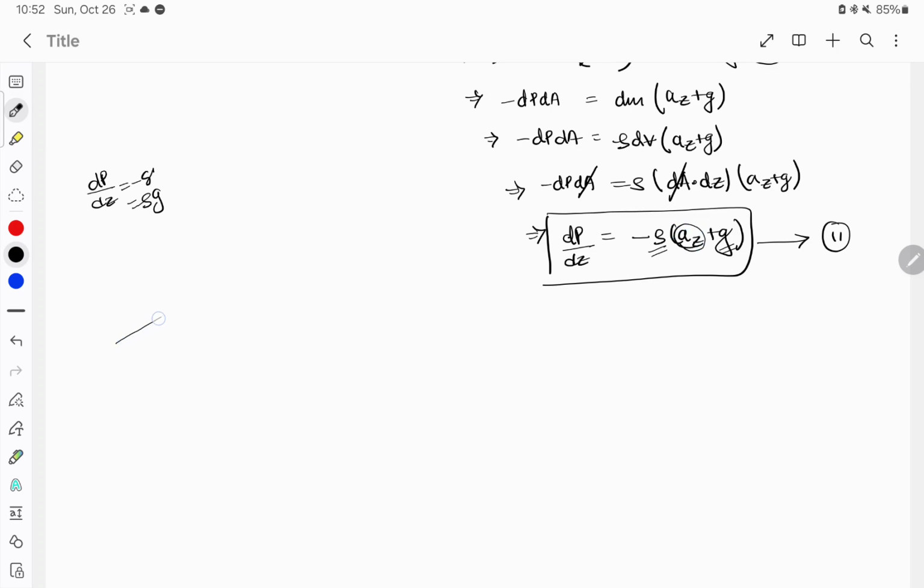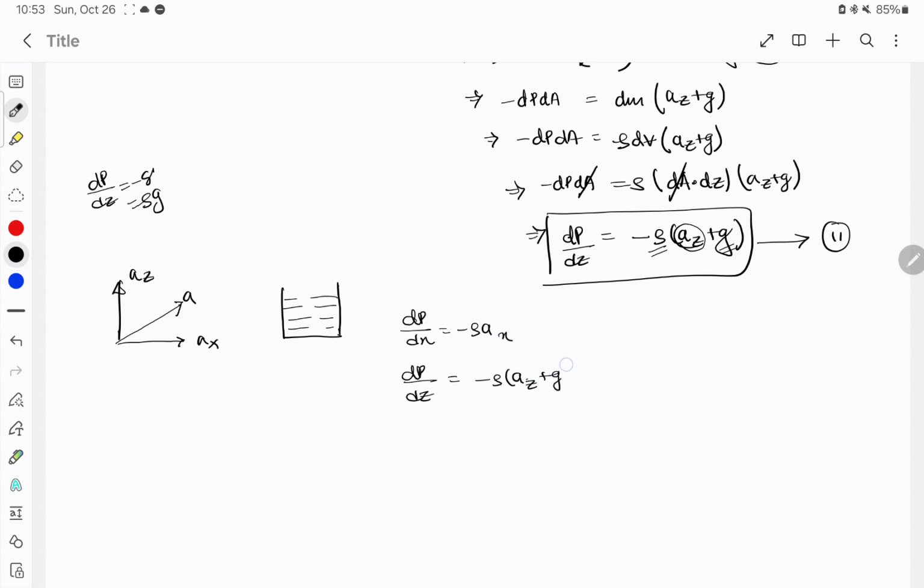So now acceleration was in this direction, so we divided it into components for accelerated vessels, ax and az, and we did separate analysis on the fluid. dp by dx came out to be minus of rho into ax, and dp by dz in the z direction came out to be minus of rho into az plus g. This is ax and this is az plus g.